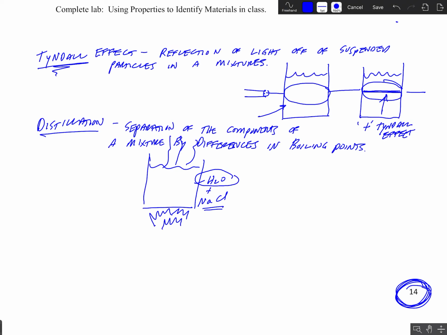Well, the sodium chloride, its boiling point is much higher than water's boiling point. It would stay inside the beaker. So we could separate the water component of this mixture from the salt component due to their differences in boiling point. You can imagine if I let this boil all day, wouldn't I be left with a beaker at the end of the day with just some crusty table salt in the bottom of it and all the water will have left? Yeah, well, that's called distillation.